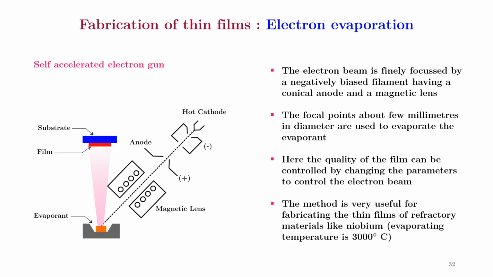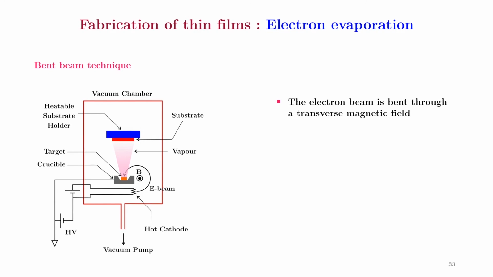This method is very useful for fabricating thin films of refractory materials like niobium, whose evaporating temperature is as high as 3000 degrees C. We have already seen this instrumentation, and this is known as the bent beam technique. In this case, a hot cathode ejects electrons which are bent through a transverse magnetic field and directed towards the evaporator.